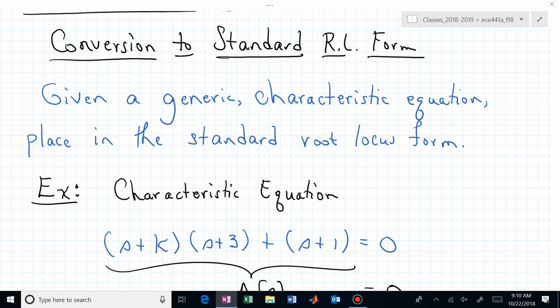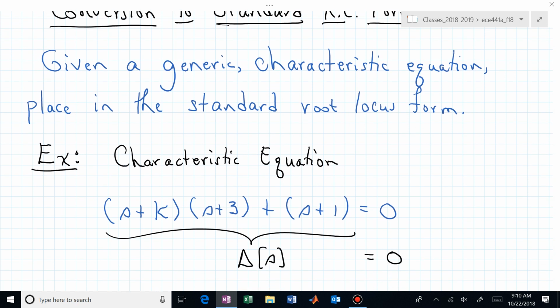Here's our example. Suppose we now are given the following characteristic equation, and it involves a k, and maybe we now have the ability to adjust that k from 0 to infinity, and we want to know what values of s will satisfy that characteristic equation.